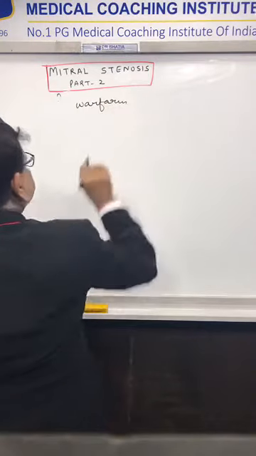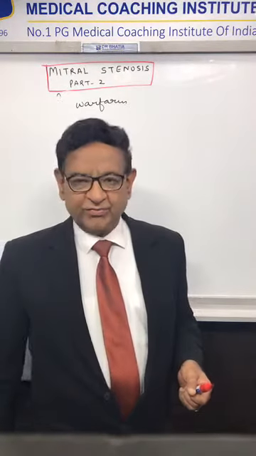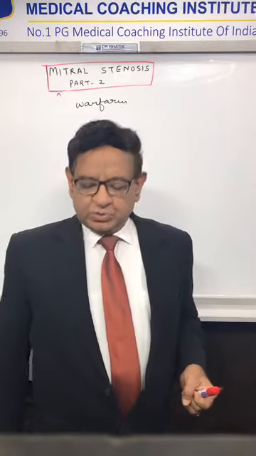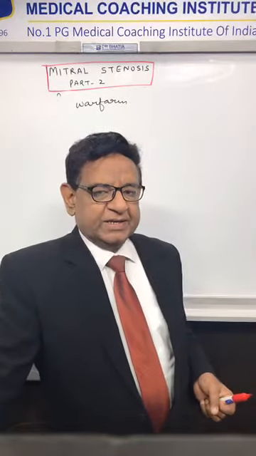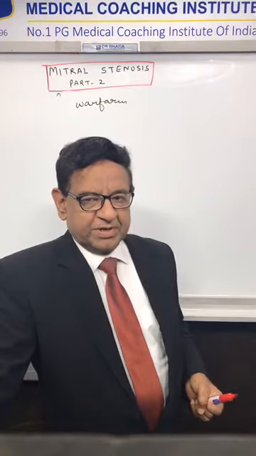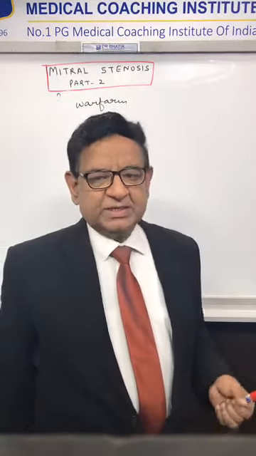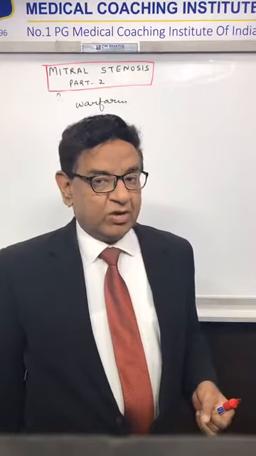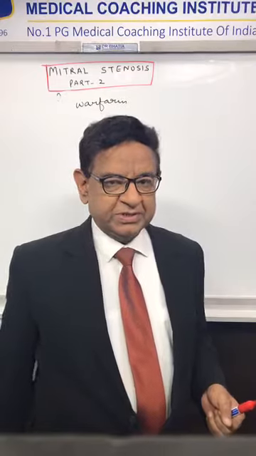Traditionally, with no clot formation, you don't need to add any warfarin. So in a nutshell, the main medical treatment is diuretic, and digoxin we add only when the patient has atrial fibrillation. Well, you are giving these drugs to the patient, still not responding. Then we think about doing surgery.